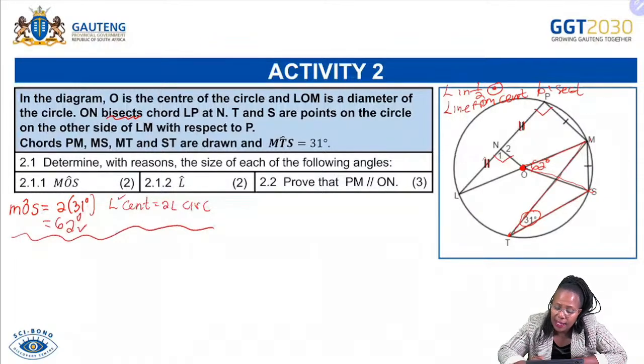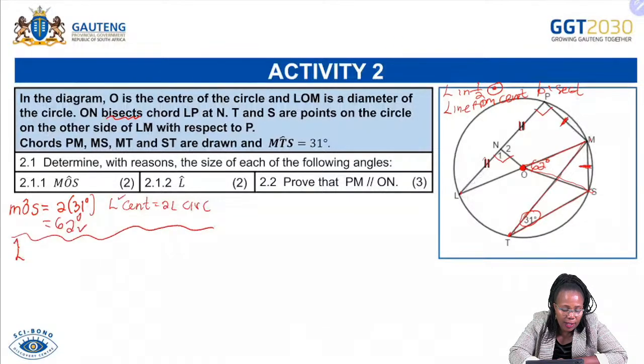Calculate angle L. If you look at L now, we have equal chords. This chord MS is equal to chord PM. Equal chords subtend equal angles at the circumference. That means if this chord is equal to that one, then L is also 31 degrees.